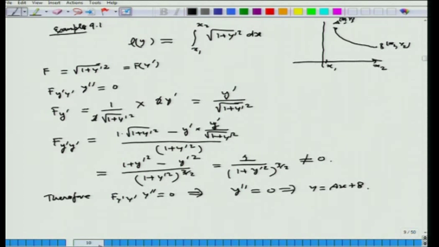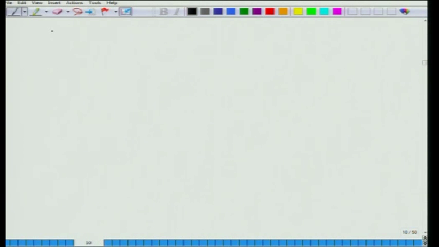So, in another case, we have seen that if we take t as the time taken by a particle moving along y, then we know that this is given by the integral from x 1 to x 2 of ds by v, where v is the velocity of the particle moving along the curve.